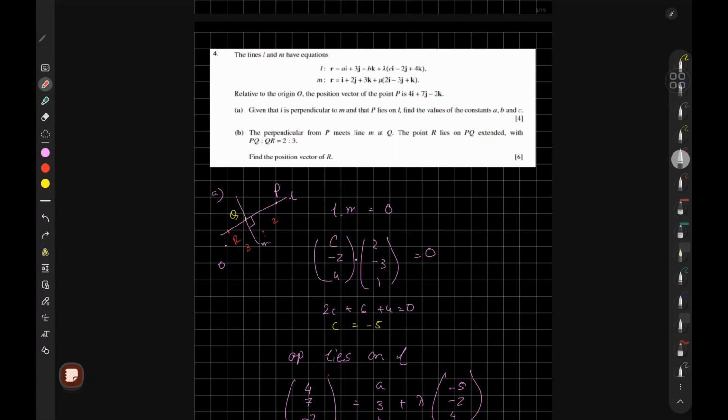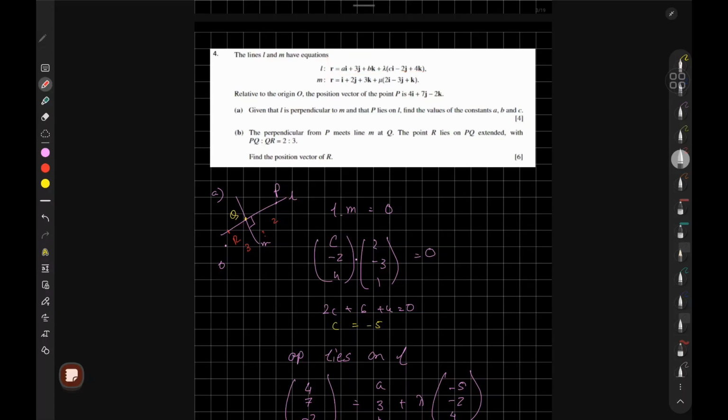So what you're going to do is, it's a pretty horrid equation. It consists of all A, B, and C. So very simply, the first thing, as I said, is the dot product of the line L and the line M is going to be 0. You can apply that knowledge, and for the dot product you get the scalar product of the vectors.